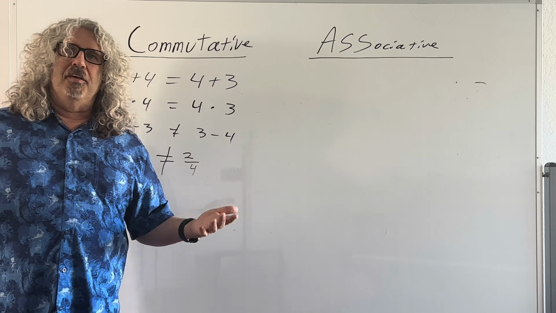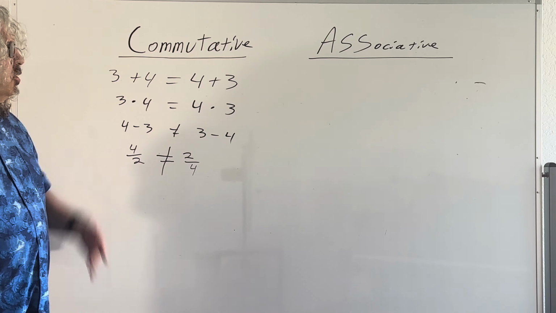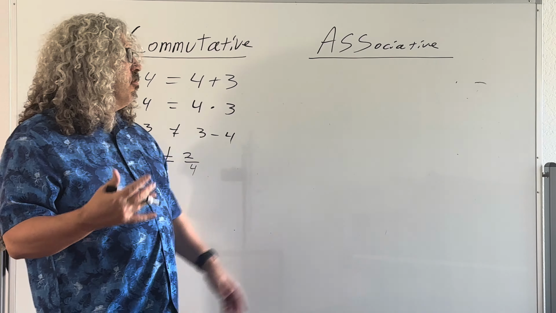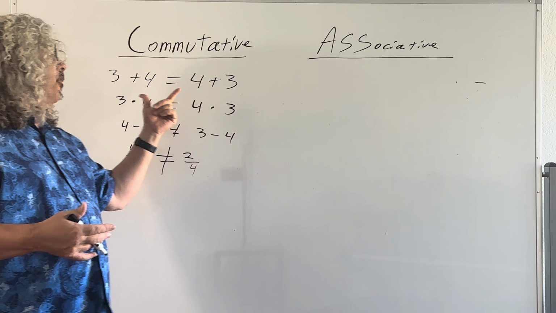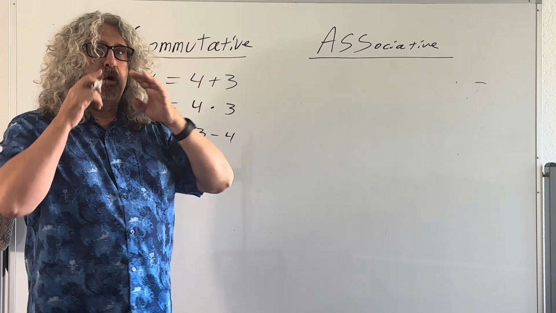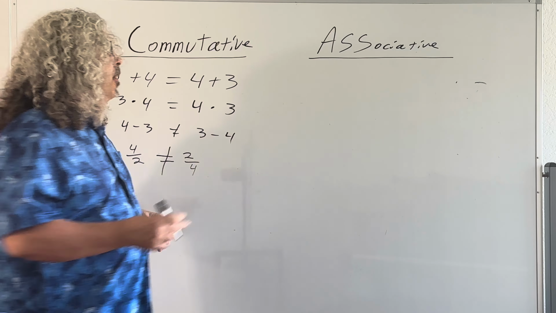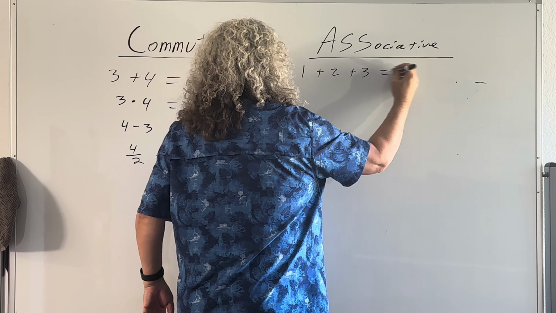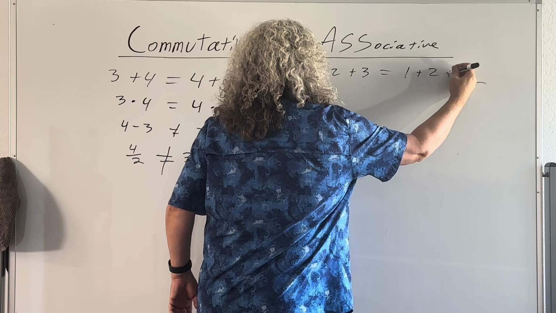Now, let's talk about the associative property. The associative property has to do with how we group numbers. So when you see this, if you're trying to find out the difference, remember in commutative, the order flip-flops. In associative, the order usually does not flip-flop. So I'm just going to give you 1 plus 2 plus 3 equals 1 plus 2 plus 3.